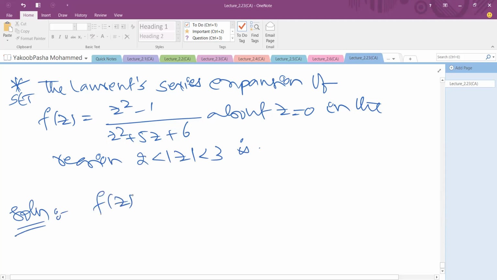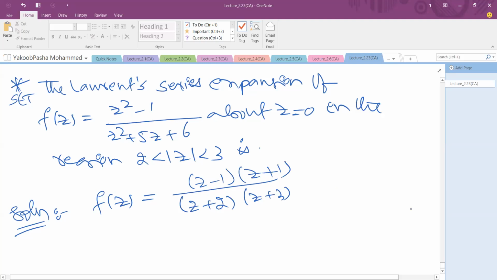f of z is equal to, we can write z square minus 1 by the factorization of the denominator, z plus 2 into z plus 3, and the numerator also we can write as z minus 1 into z plus 1.